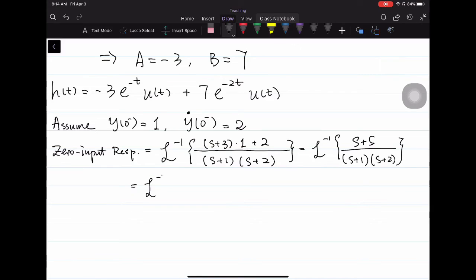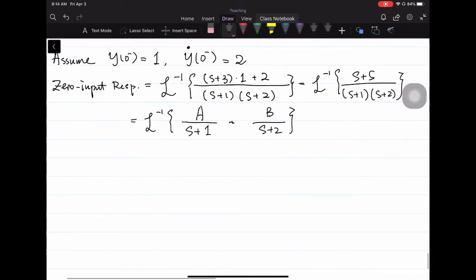Solving this inverse Laplace transform, we can use the partial fraction expansion again. In solving A and B, A will be minus 1 plus 5 over minus 1 plus 2, which equals 4.